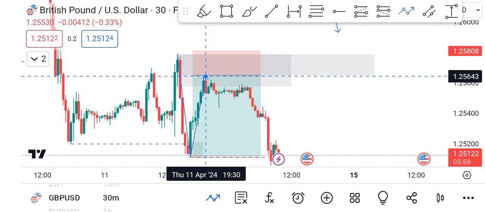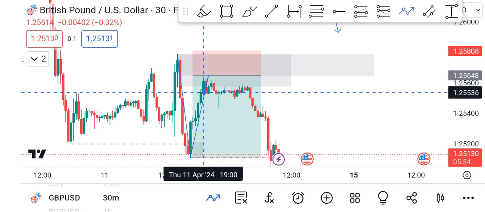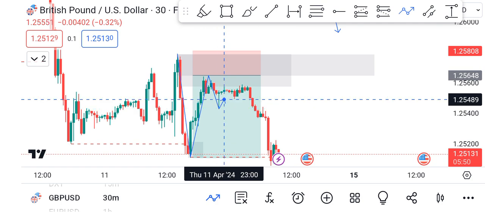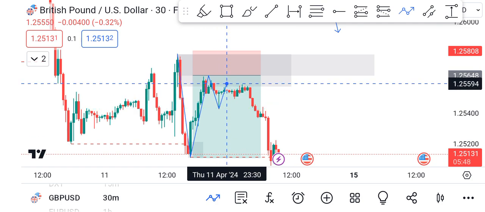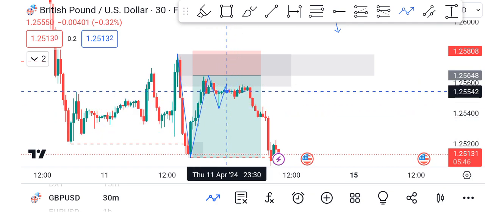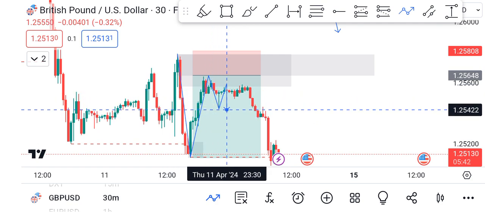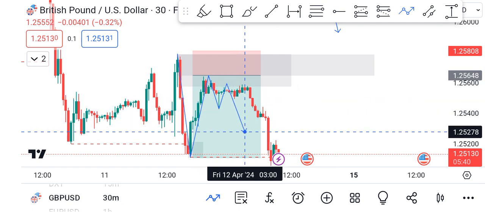The market came all the way up, but because we already tapped into our extreme POI, we can look for something like this for entry. As long as we break the first structure, we can look for entry here to go all the way down.